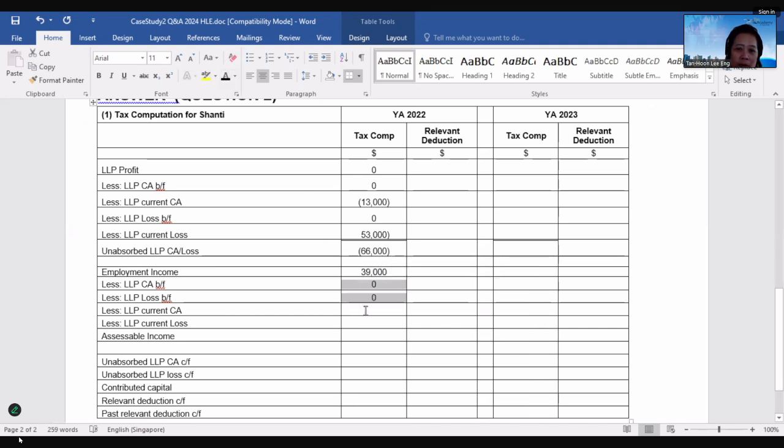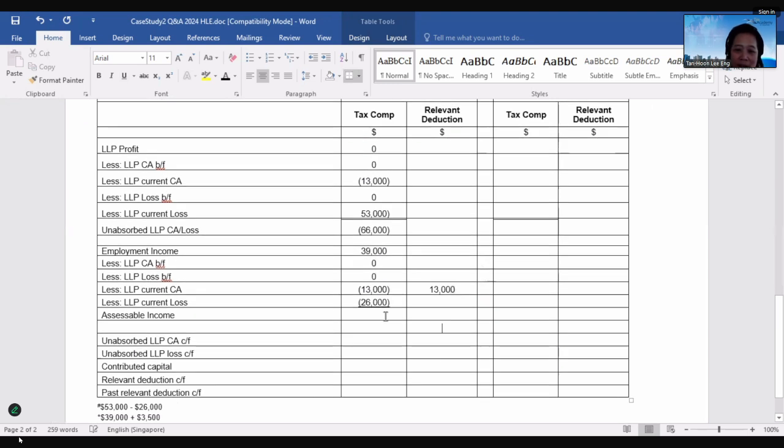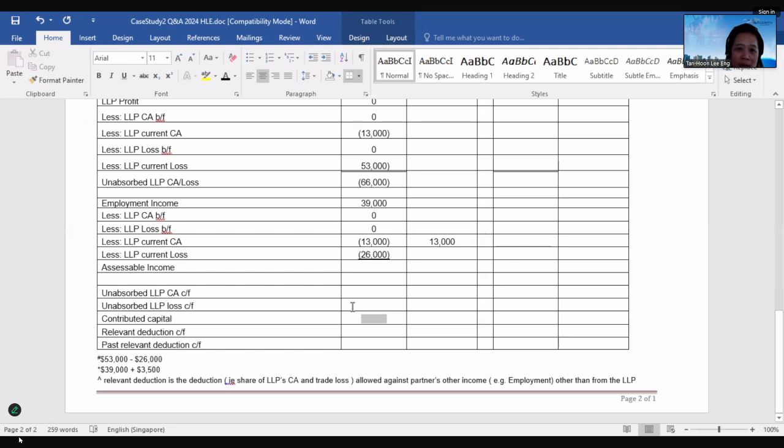Zero current less 13. We fetch it down from here. This one 13. Now we see 39,000 less 13,000. What is the contributed capital? 50,000.